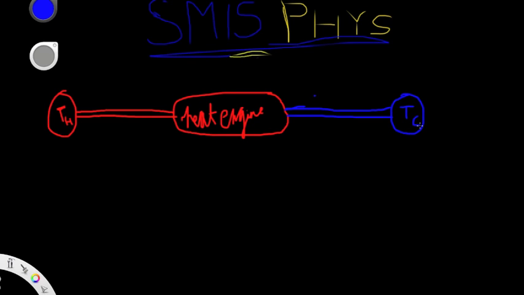Now, in this system, for the heat to flow this way, from the cold to the hot, there would need to be work input into this heat engine.